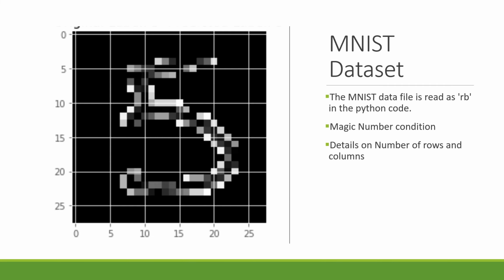The MNIST data file is read as a binary file in the Python code. The magic number is available for each file. These data files, two of the training dataset and two of the test dataset, are loaded serially by ensuring that the corresponding magic number condition is met.